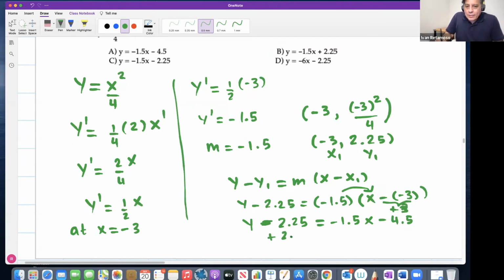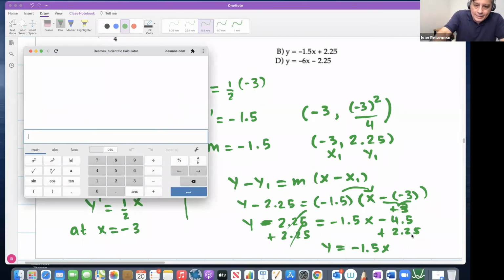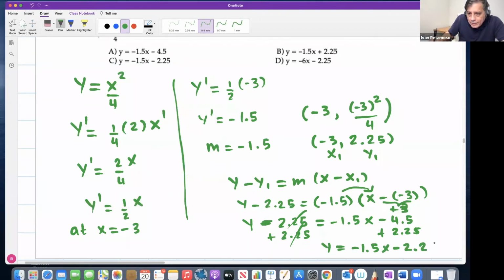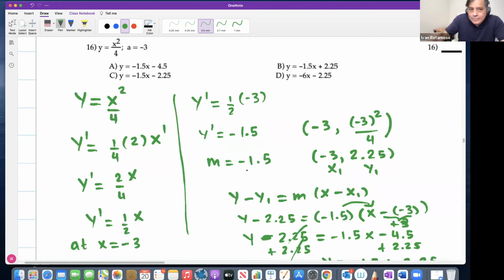Finally, adding 2.25 to each side of this equation, you finally get y equal negative 1.5x, let's see, what is this? Minus 4.5 plus 2.25. Negative 2.25, which tells me that the answer should be just this, right? Therefore, 16, this guy.